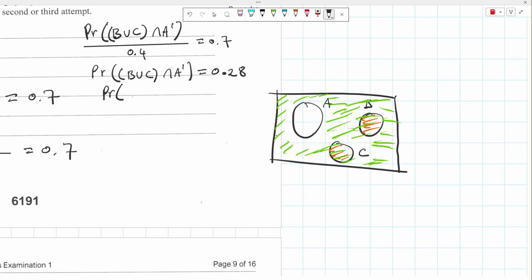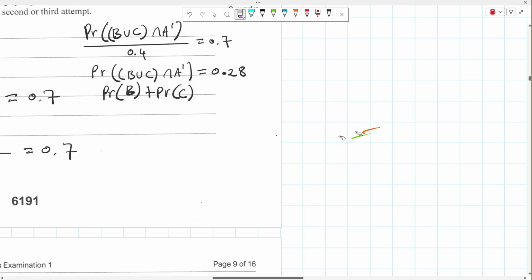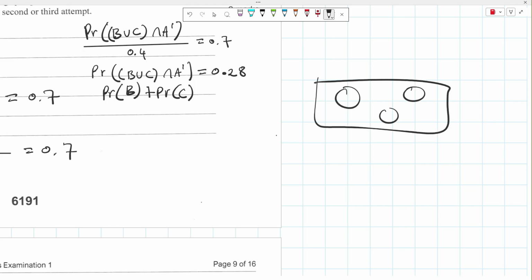So the intersection points is really just the B and C circle. So this weird, complicated looking thing is just the probability of B plus the probability of C, and that has to equal 0.28.